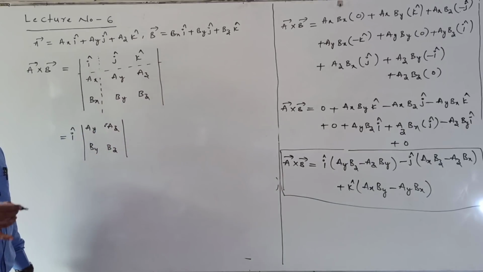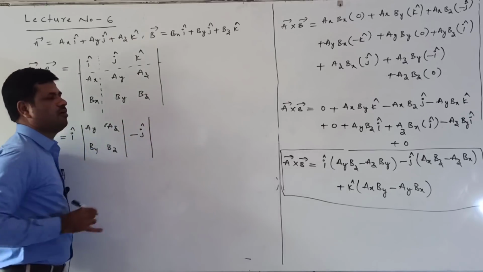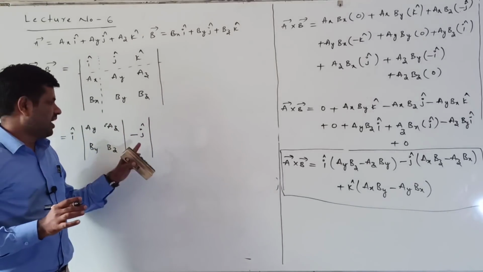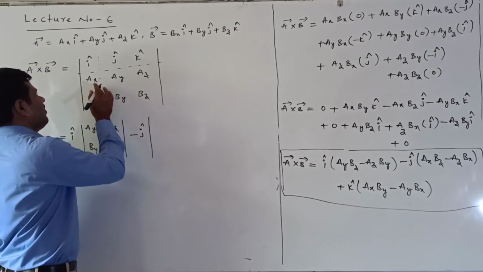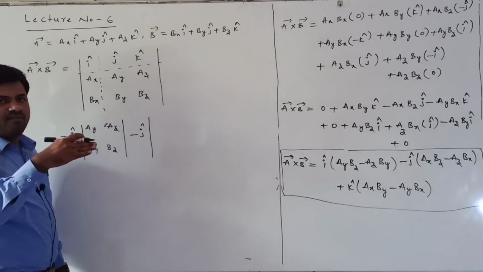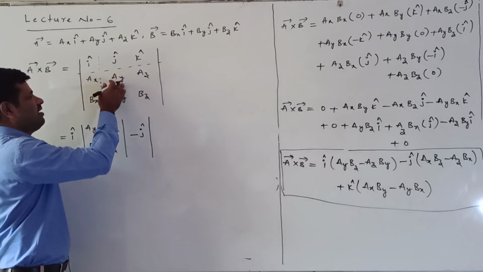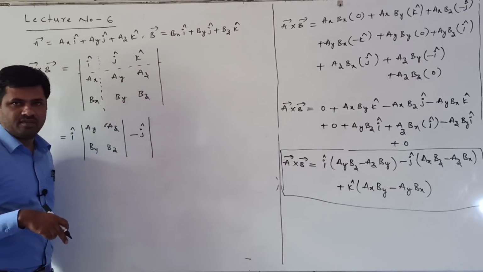After i cap, next is j cap. When writing j cap, you have to write minus j cap. This is the method. When writing i cap, we remove its row and column and write the remaining: Ay, Az, By, Bz.